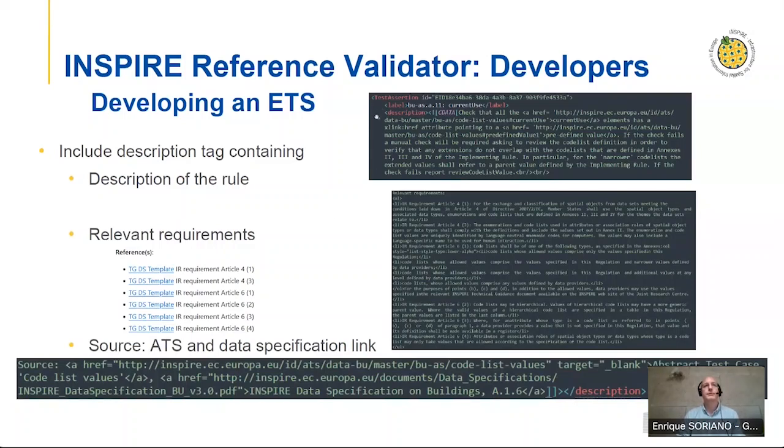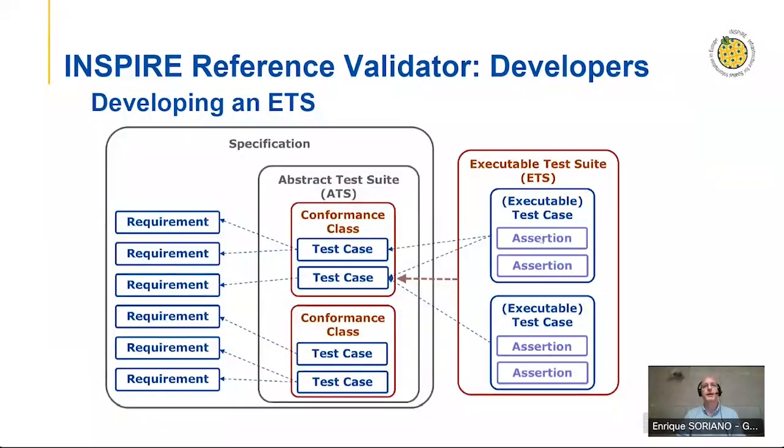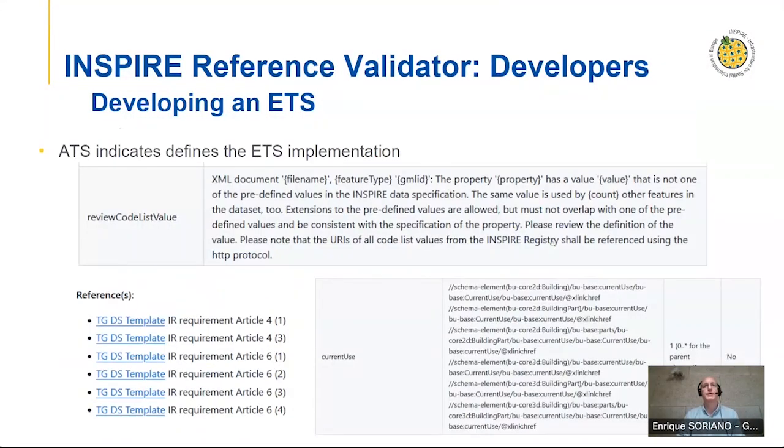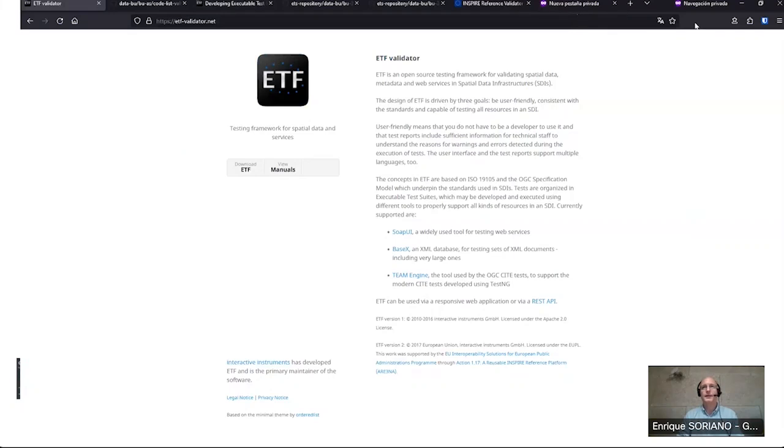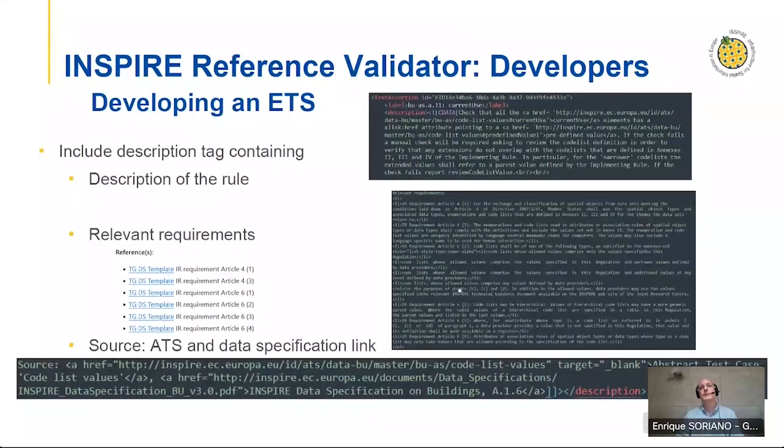First thing, if you remember, we have the test case and the assertions. We need to create a test assertion with a label to name it, a description of the rule, and the source ATS and the links, so that the ETF can then place, in your test report, all the content and information available for the validation you have failed.